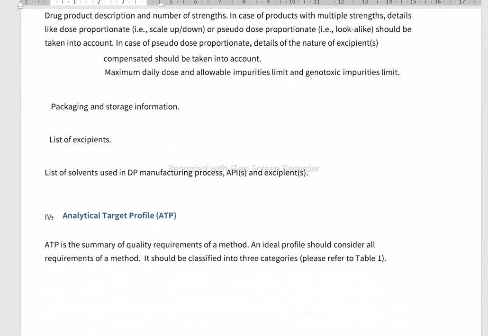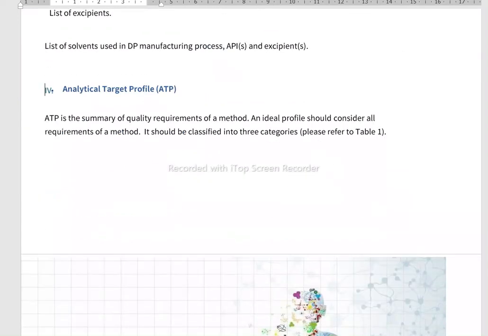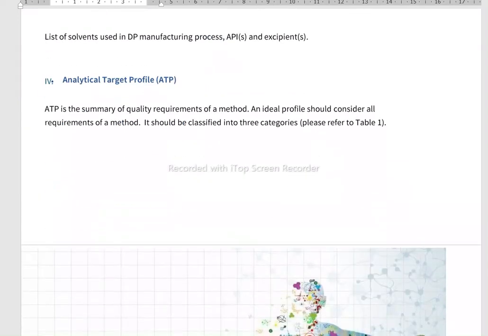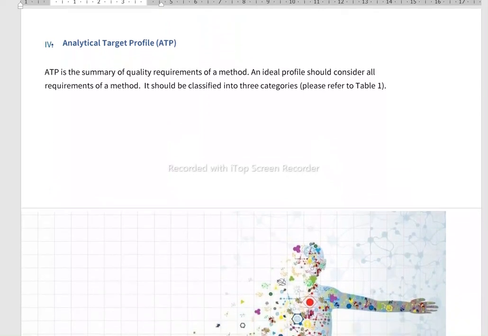So in the current scenario, when we perform method development, analytical target profiling preparation is a must, because everything in the pharma sector should be compared to quality by design, or some compliance system should also be introduced in the R&D sectors.